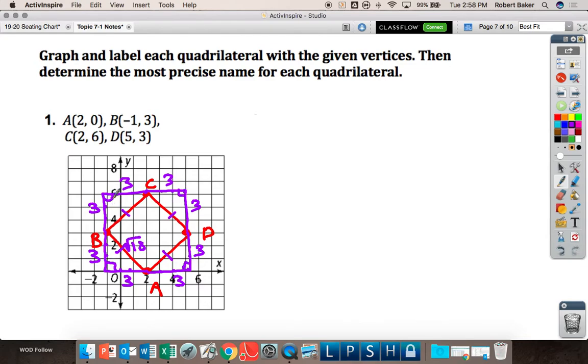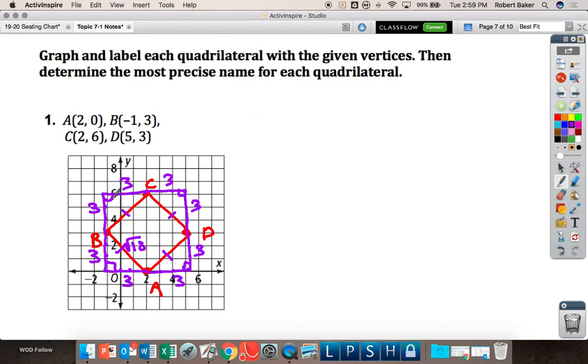Now, could you say that side angle side is congruent to side angle side, which is congruent to side angle side, which is congruent to side angle side? So CPCTC says that all these extra sides are the same. So we have 4 congruent sides. That shape is a rhombus right now.